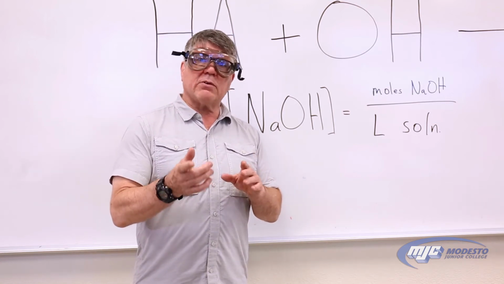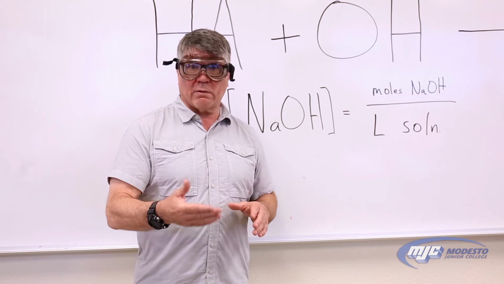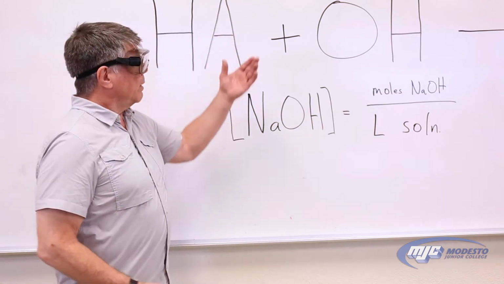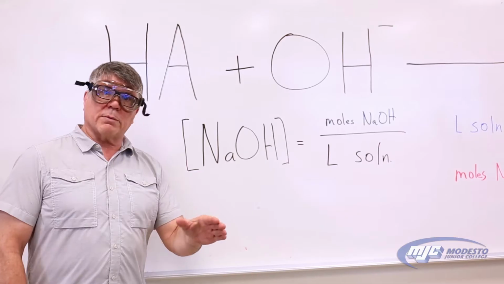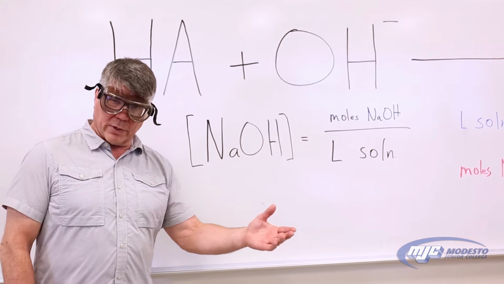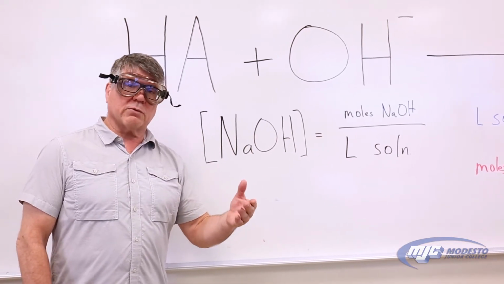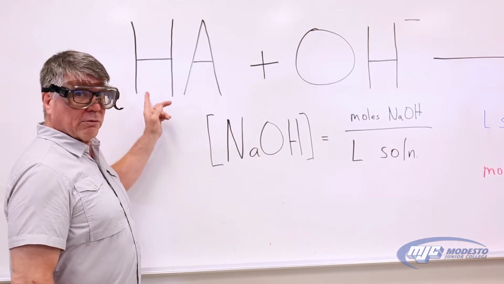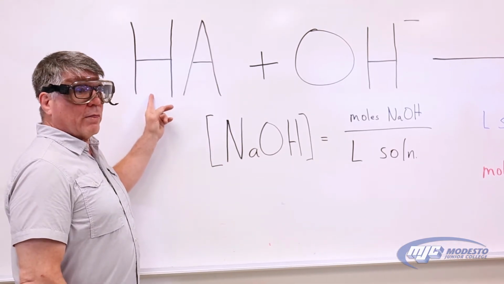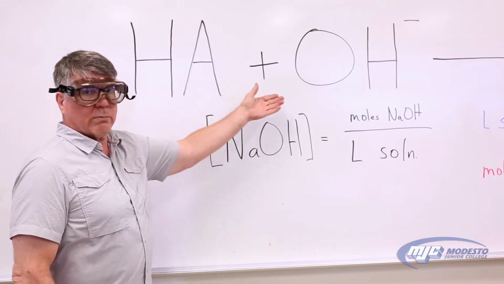The basic reaction that is involved in this experiment is what's written up here at the top. Every acid in this experiment is what we call a monoprotic acid. What that means is that there's one acidic proton. In other words, there's one hydrogen in that molecule that reacts with a base, hydroxide.